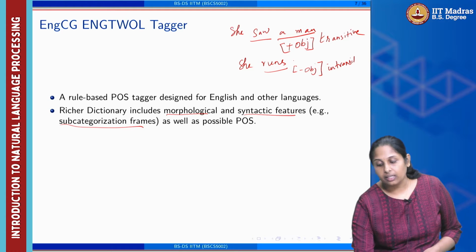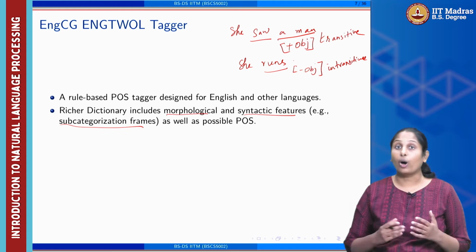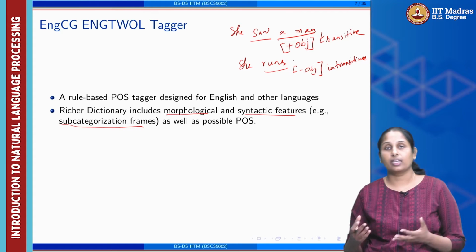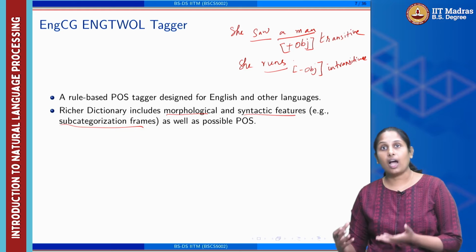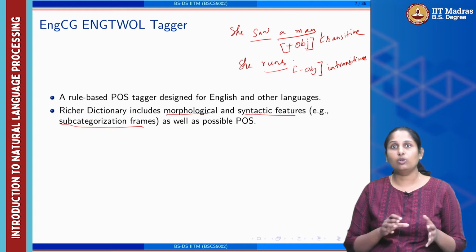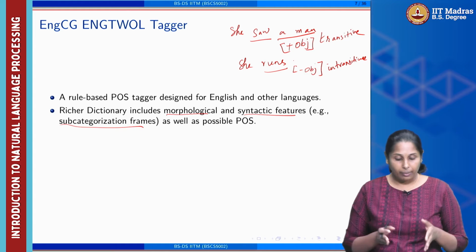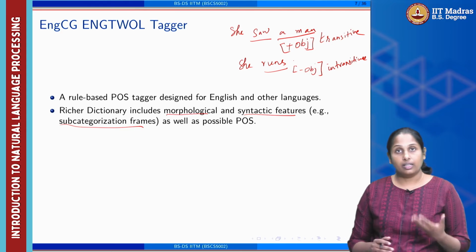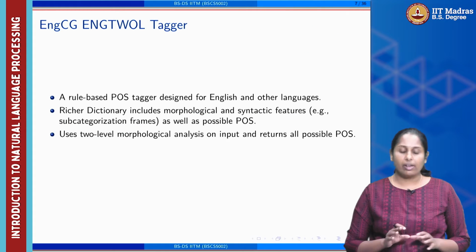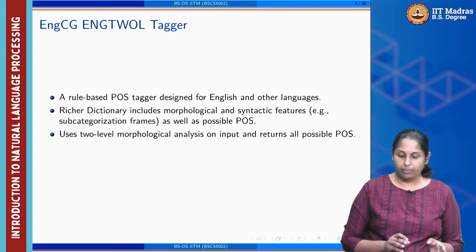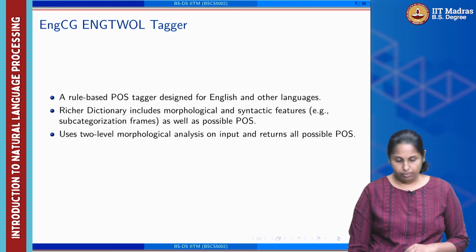So, looking at their capability of taking arguments, whether it can take an object, or a location, or any other arguments that are important to understand the complete sentence, these are carried forward in the dictionary form. And now we use two levels of morphological analysis on input and return all the possible POS.